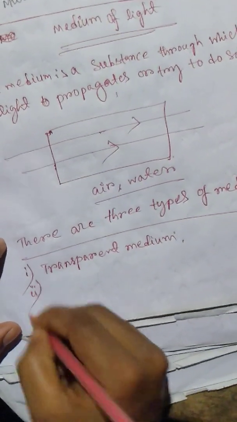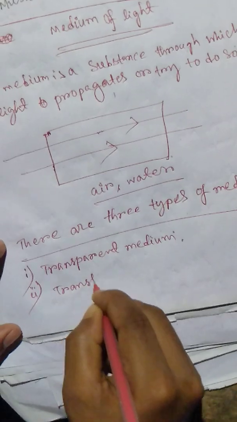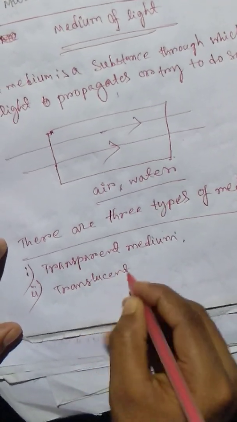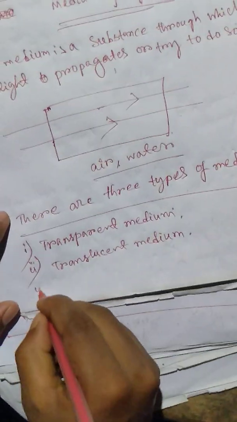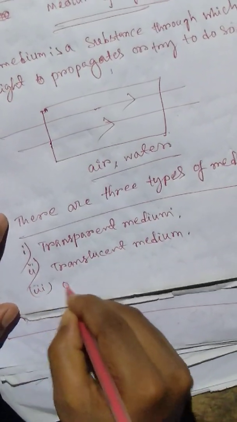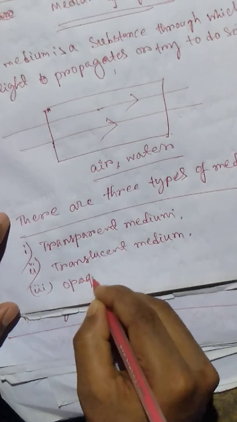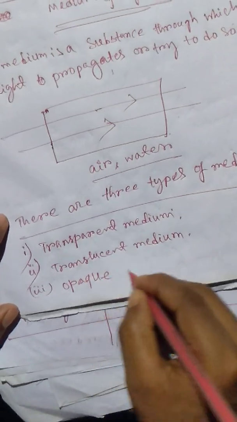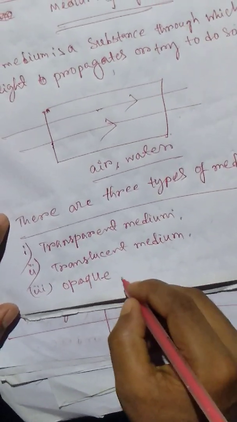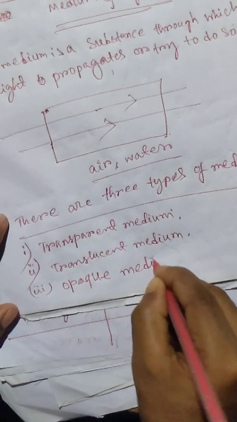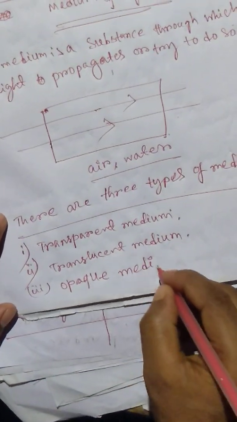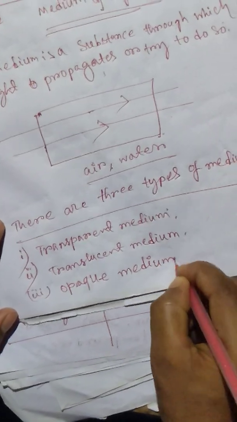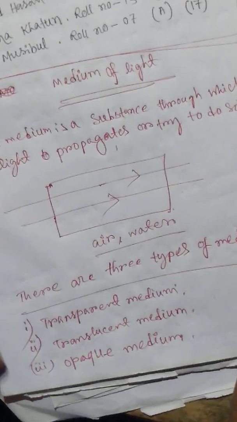Second is the translucent medium, and third is the opaque medium. So there are three types of medium.